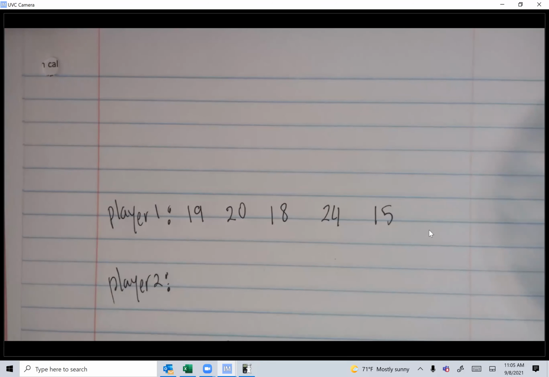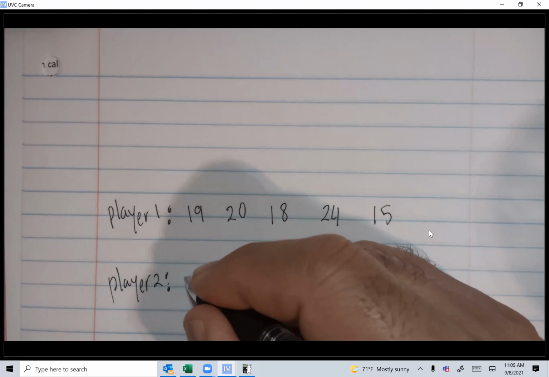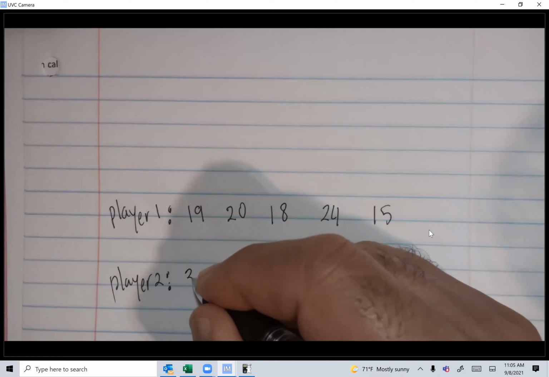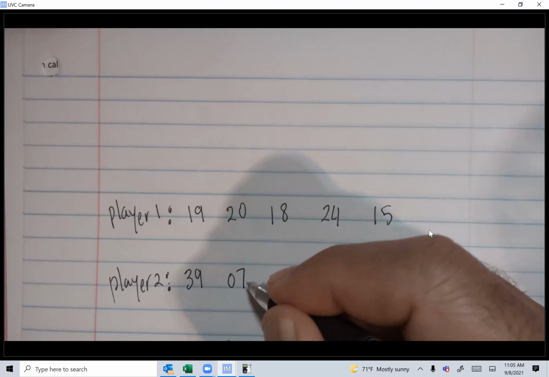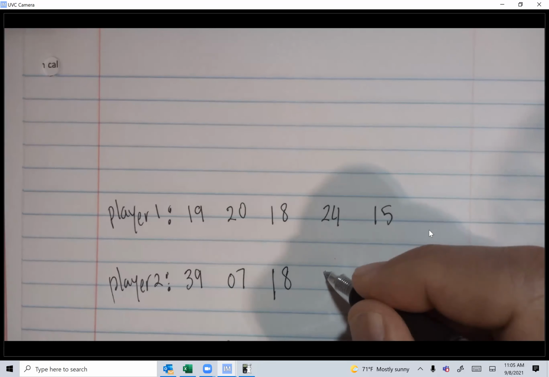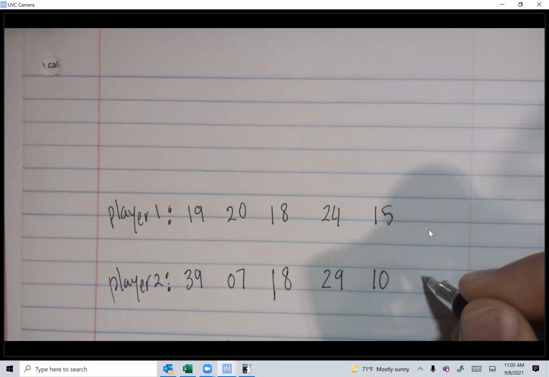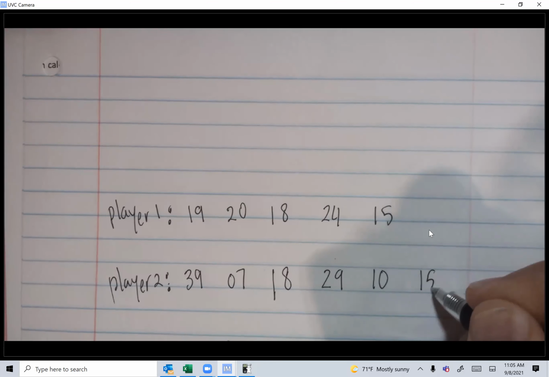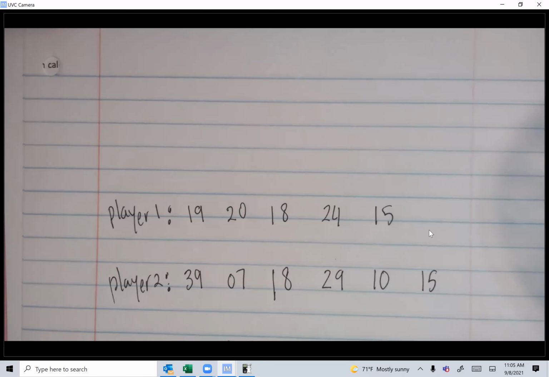For player two, you got the following data. One game, he scored 39 points. Then another game, he scored 7 points. Then 18, then 29, then 10, then 15. That's the data that you have from player two.